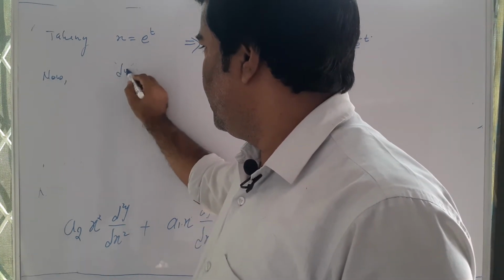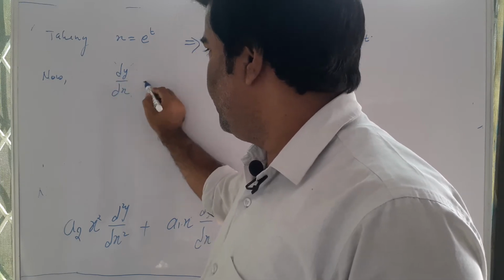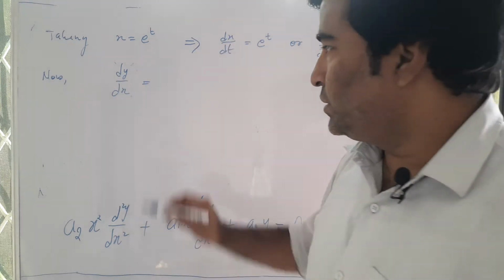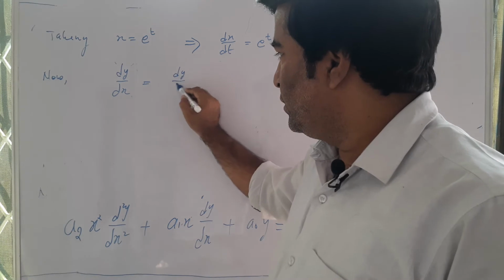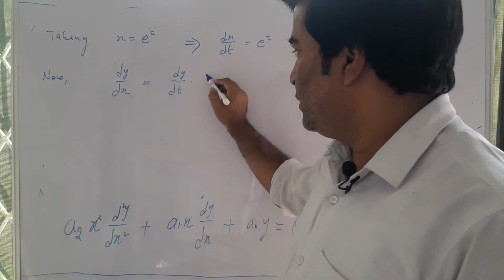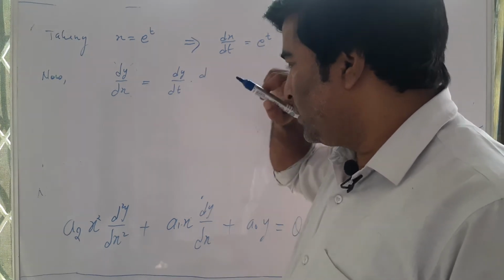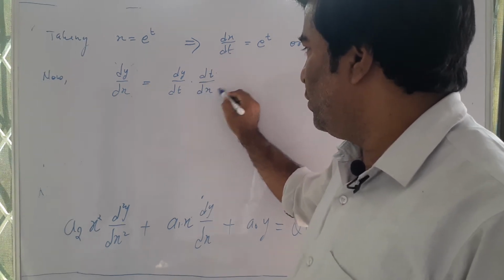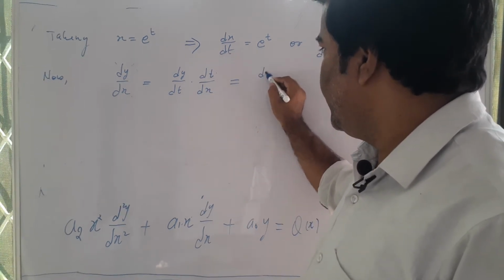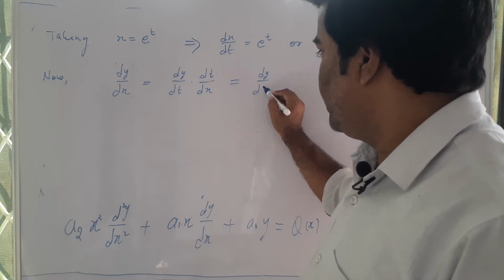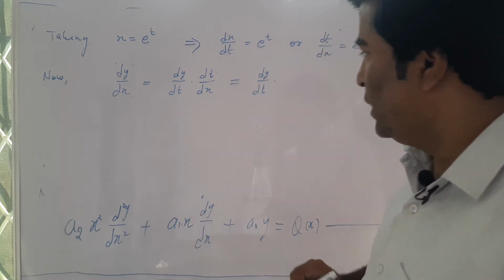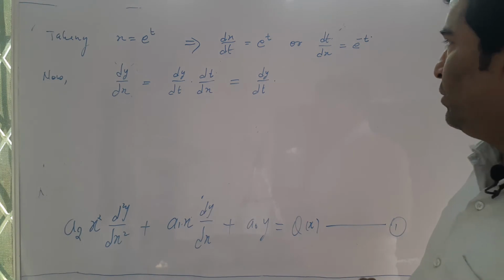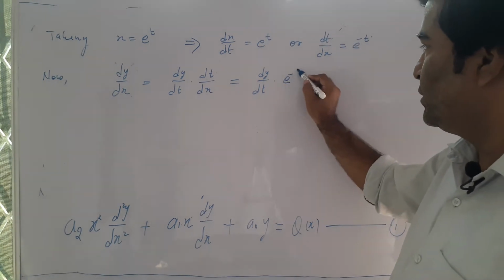Now first of all we convert dy over dx. dy over dx is dy over dt times dt over dx, and dt over dx is e to the power minus t.